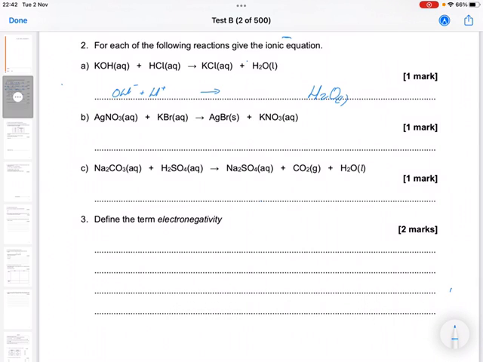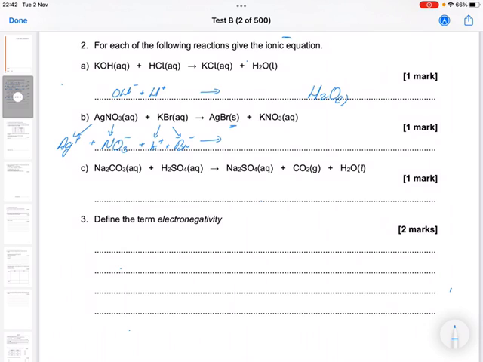Okay, B. So silver nitrate, well, that's ionic. So Ag plus and NO3 minus. KBr aqueous, that's ionic as well. So K plus, Br minus.